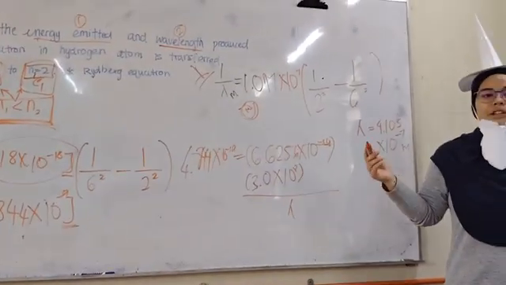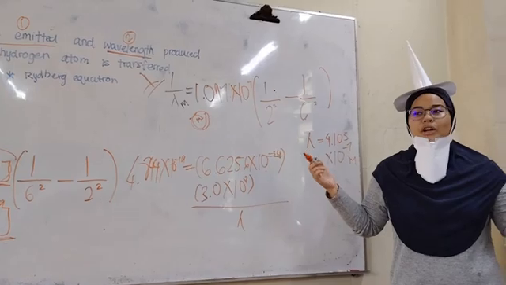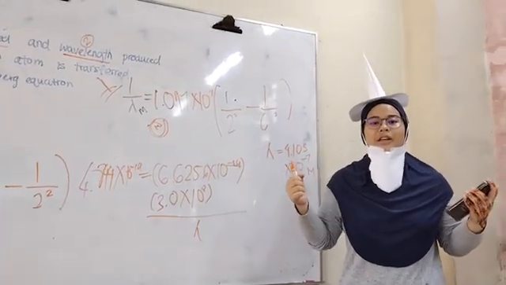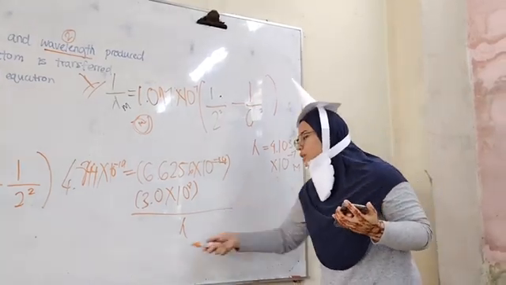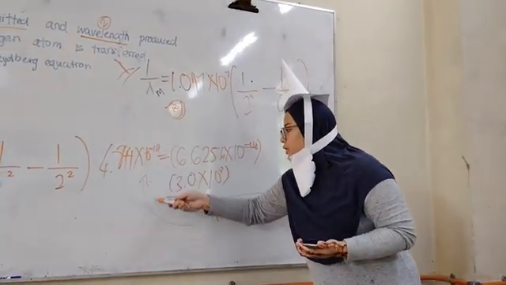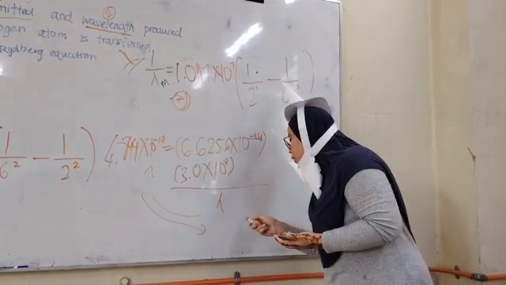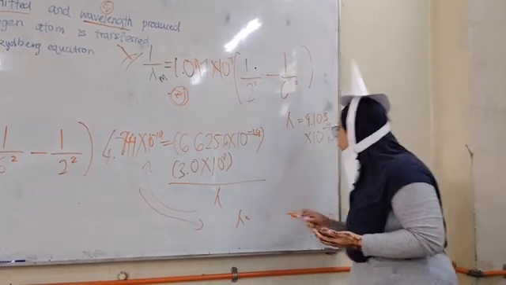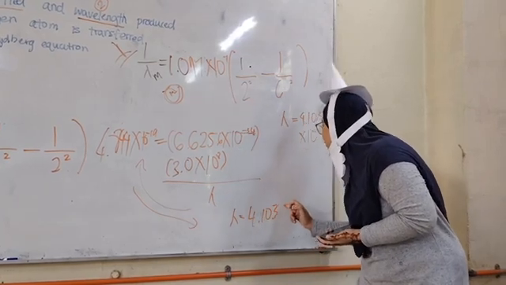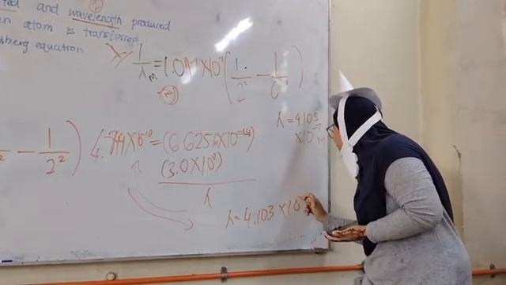Now, using all the knowledge you have gathered during your quest, you already know we have to use our algebra. So just use a simple switcheroo here, and you will get the answer 4.103 exponent negative 7.